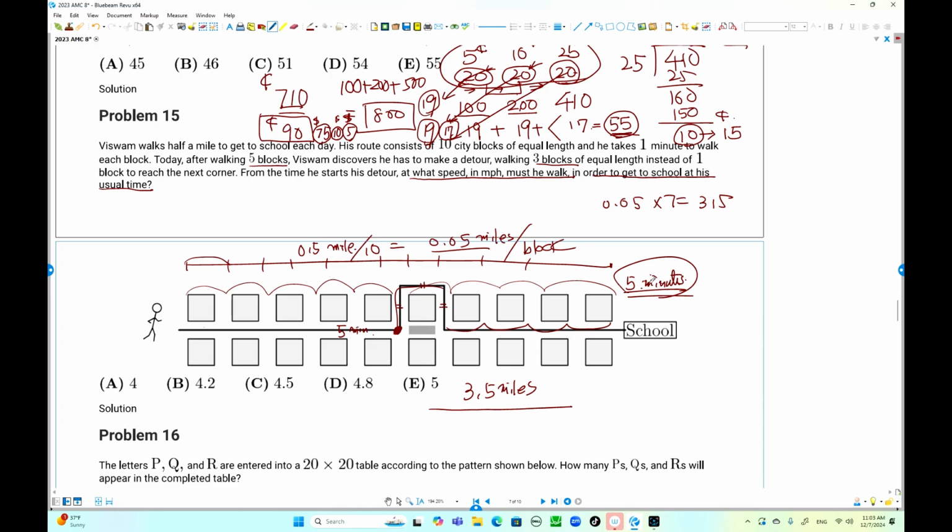Speed is, time is 5 minutes, but we're going to express our speed in miles per hour, right? So 5 minutes is what? 5 over 60 hours, isn't it? Or 5 over 12, it doesn't matter, okay?